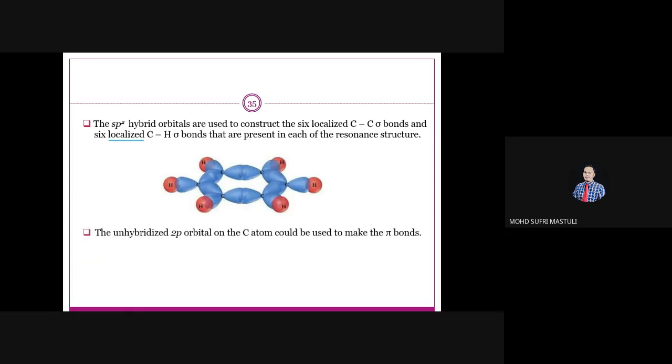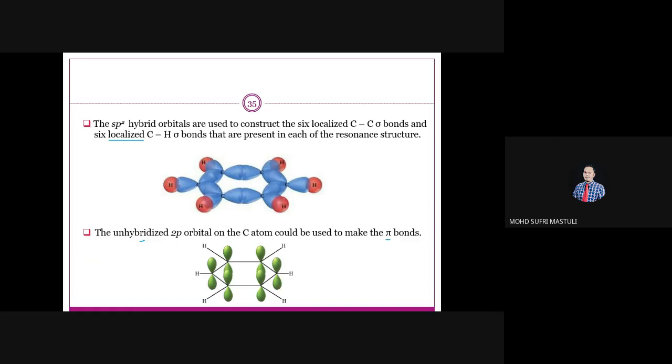The unhybridized 2p orbital of the carbon atom can be used to make pi bonding. As I mentioned to you, the pi bond is formed from py py and pz pz, and it should be the unhybridized orbital. Okay, so it looks like this. This is the unhybridized orbital.